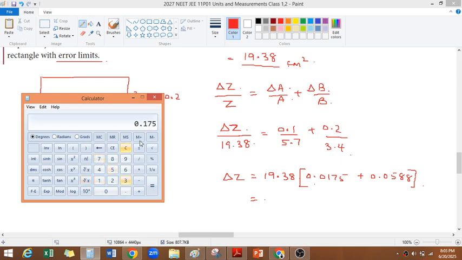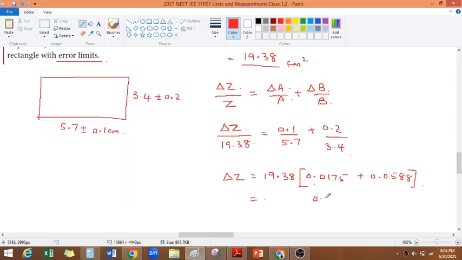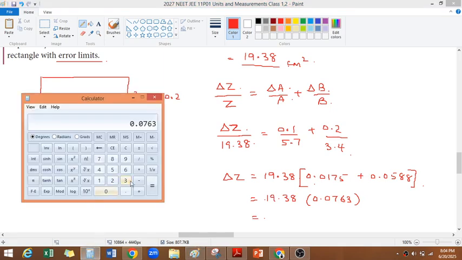Sorry, 0.0175 plus 0.0588, this much. Multiplied by 19.38, which is 1.478.